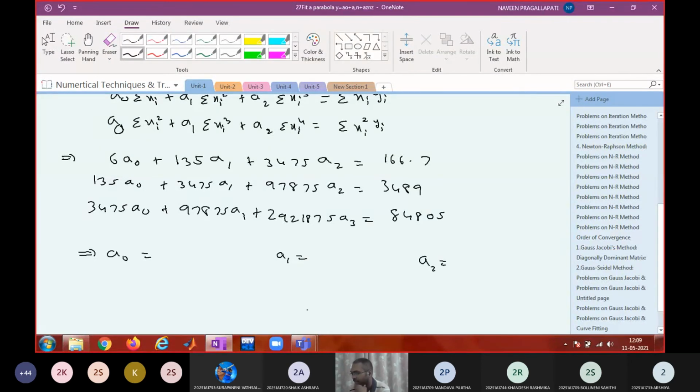Round off to 4 decimals. Okay, tell your answer by rounding to 4 decimals. A0 value? 41.9257.